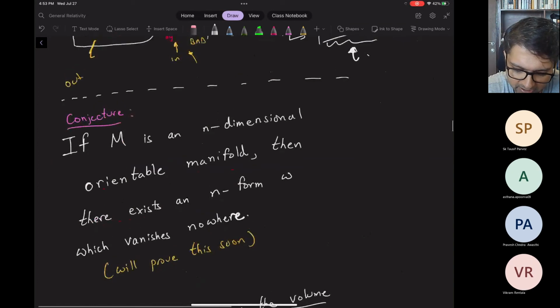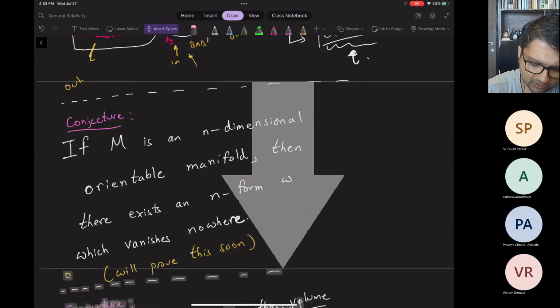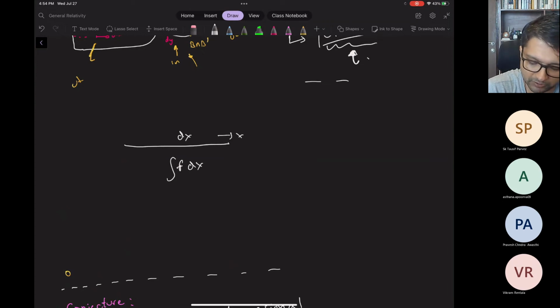Now, orientability is very important for integrability, and the reason is obvious. Suppose I do a 1D integration, integral f dx, as I move along x.